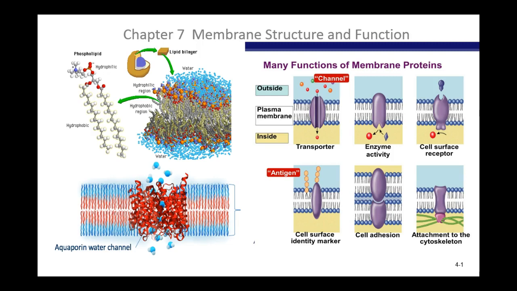What you have here are various images. I couldn't find exactly what you had in your book, but I have something that is very similar. In the upper left, you have your phospholipid molecule, where you have your portion that likes water, the red portion, and your portion that doesn't like water, the hydrophobic portion, which is the long carbon chain with hydrogens.